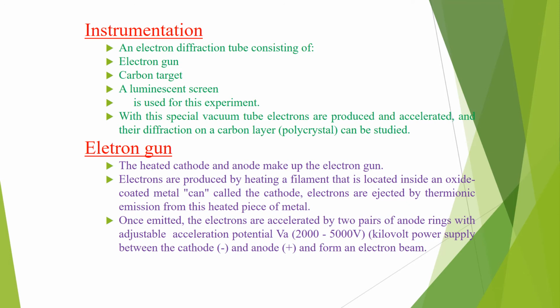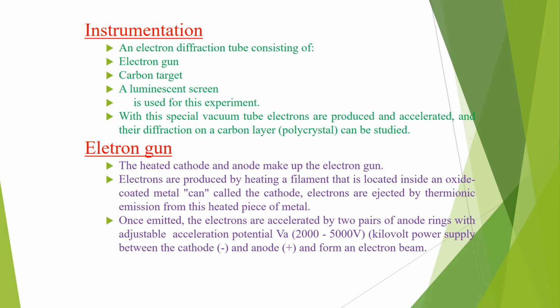So, discussing the instrumentation of the electron diffraction technique. An electron diffraction tube consists of an electron gun. It also carries a carbon target and a luminescent screen.